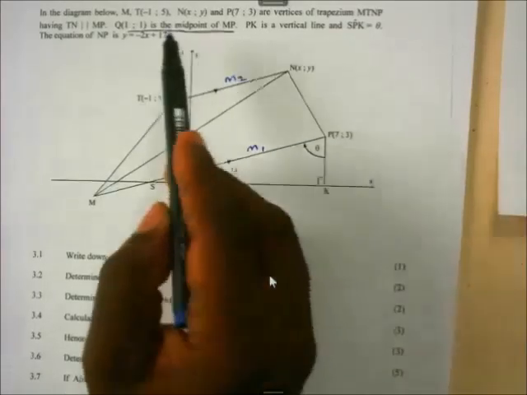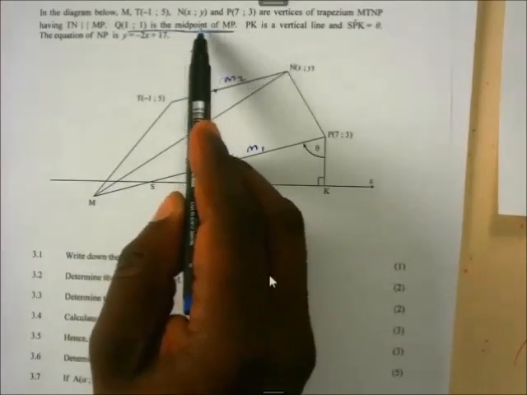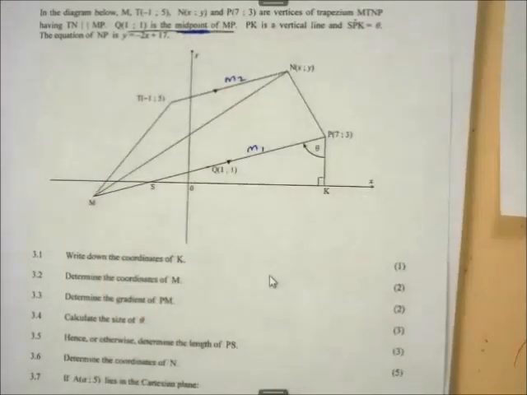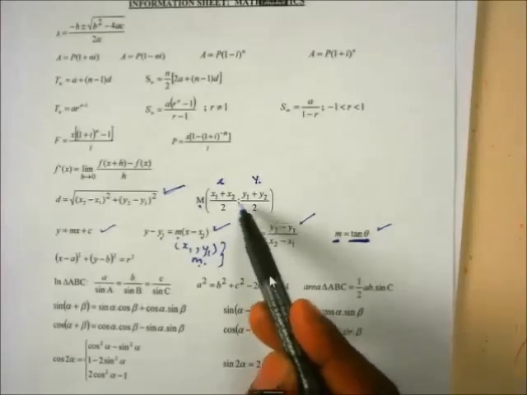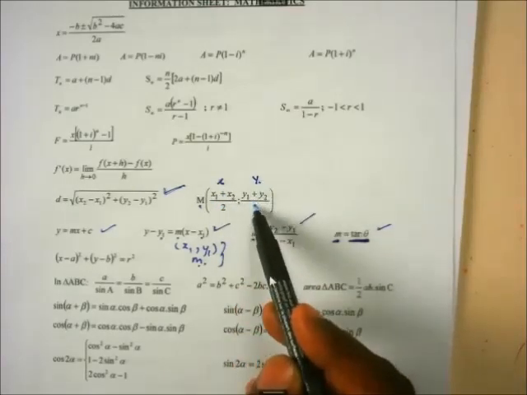Now remember here, the question also, when you read it, said, is the midpoint of MP the midpoint? And once it says the midpoint, you already know from your formula sheet here the expression for the midpoint. This is the value of x at the midpoint, and this is the value of y at the midpoint.